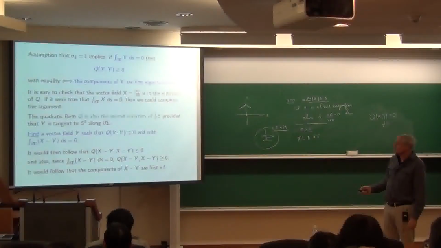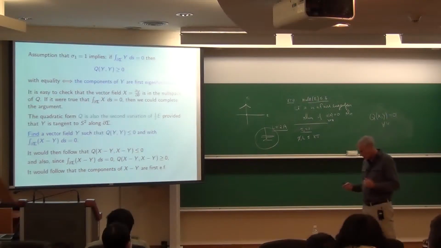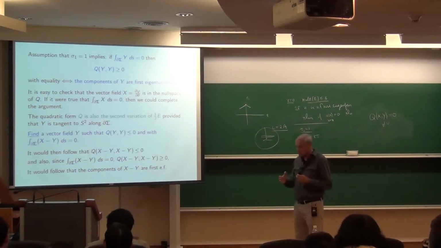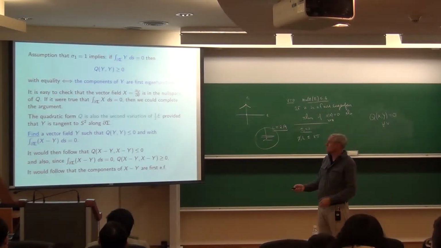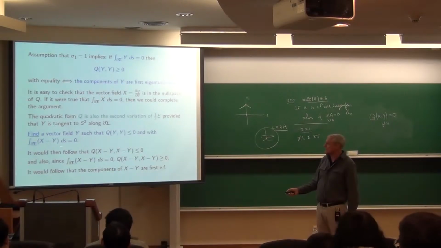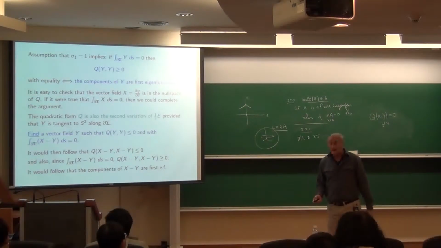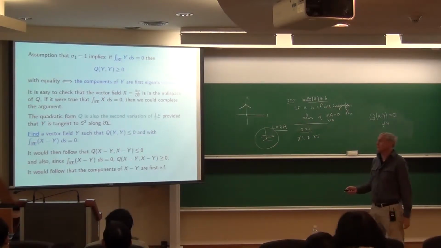Okay, and so the idea now is to find a vector field Y which has the property that Q(Y) is less than or equal to 0, so it's negative for the second variation, and so that when I subtract Y from X, I can achieve the integral condition. If I could do that, then I would have something good, because then Q(X − Y) is less than or equal to 0.